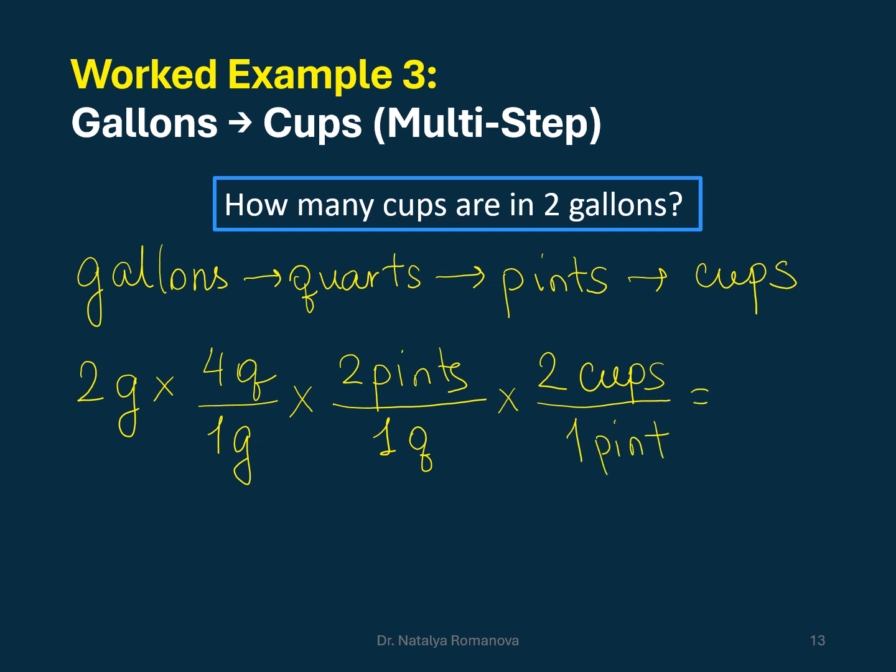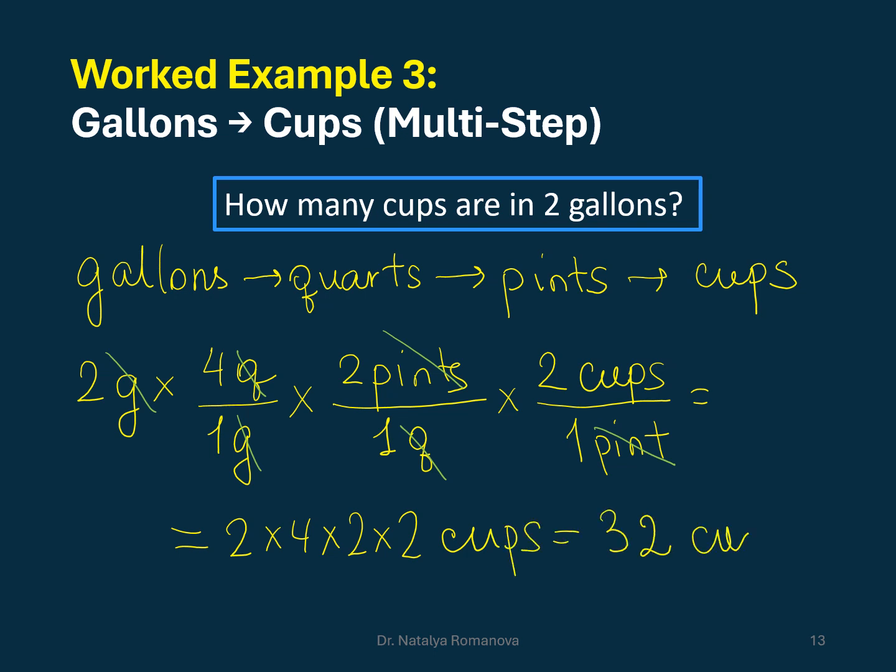Now we can cancel out gallon, quarts, pints. We take 2 times 4 times 2 times 2 cups. It would be 32 cups. This is the correct answer for your ASVAB exam.